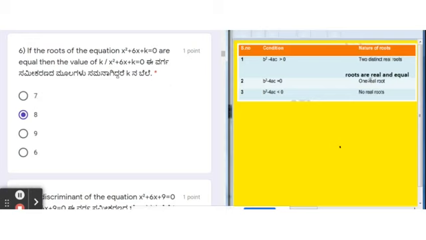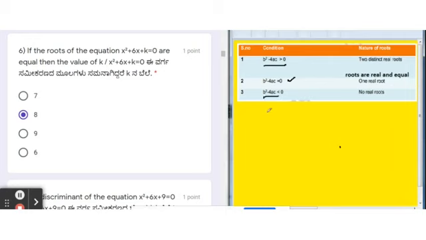We will see it. Before explaining the problem, if you see the right side of the screen, here we have some conditions. If b square minus 4ac is greater than 0, then roots are real and distinct or different. If b square minus 4ac is exactly equal to 0, then the roots are real and equal. If b square minus 4ac is less than 0, there are no real roots.